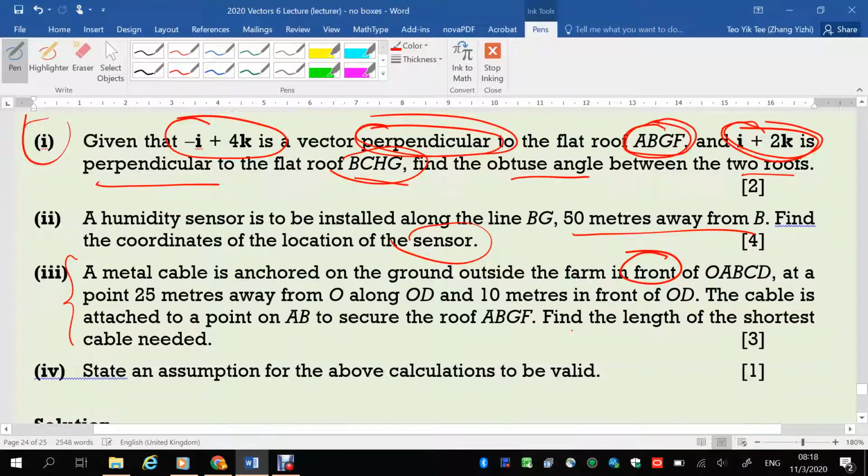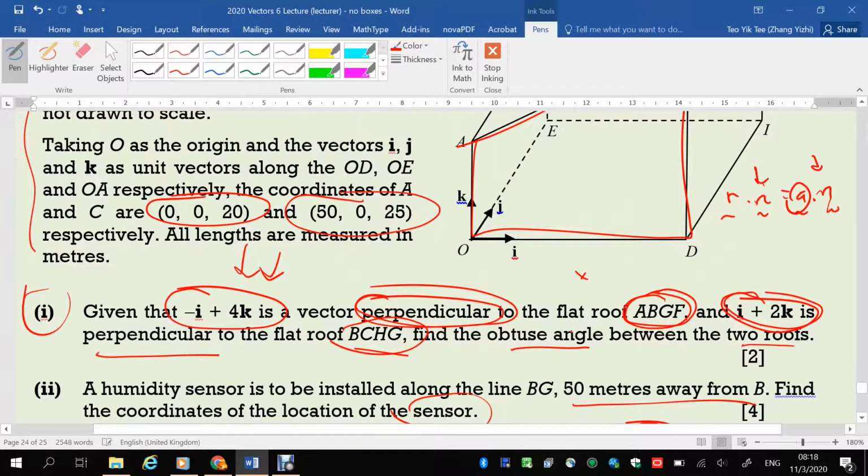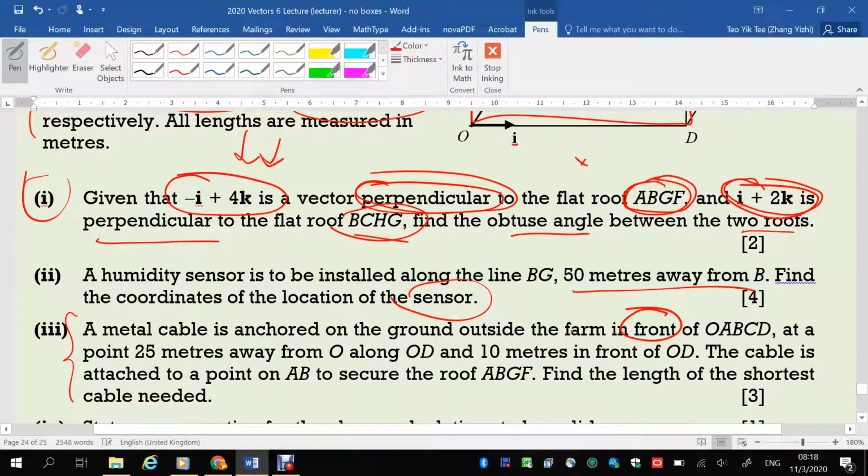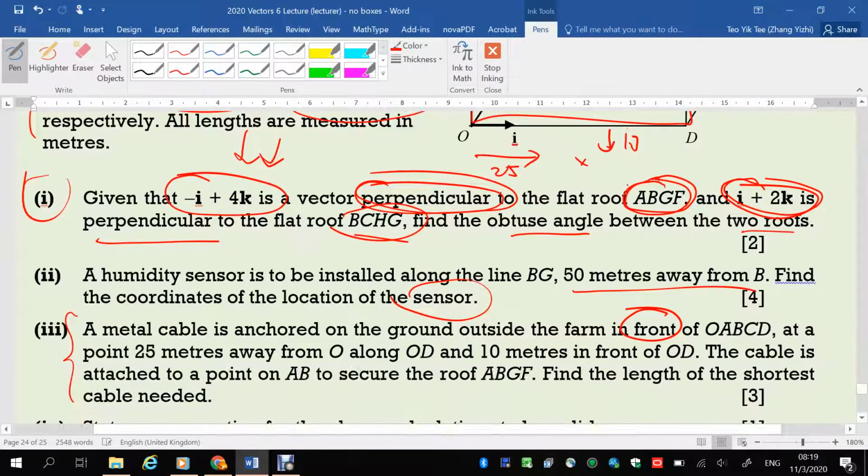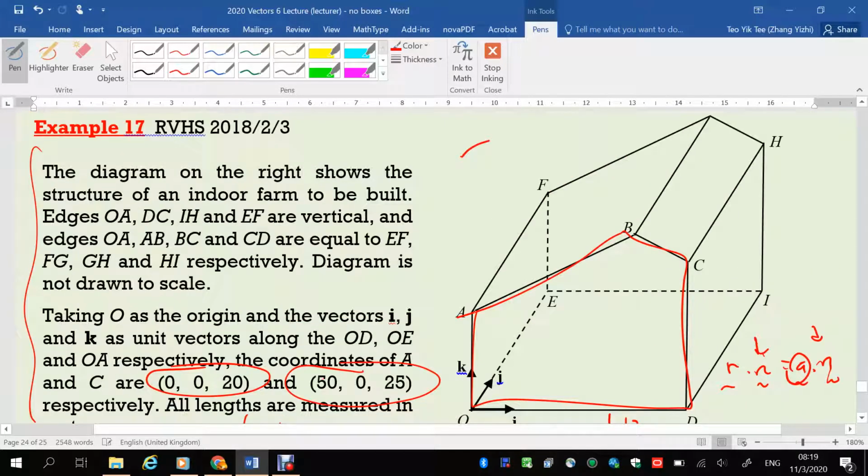Then at a point 25 meters away from O, and along OD, so it got to be 25 meters from here, and then 10 meters in front of OD itself. So this is roughly where your anchor is supposed to be located. The cable is attached to a point on AB. So where is AB? AB is somewhere here.